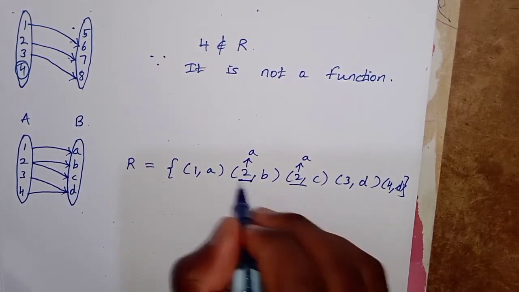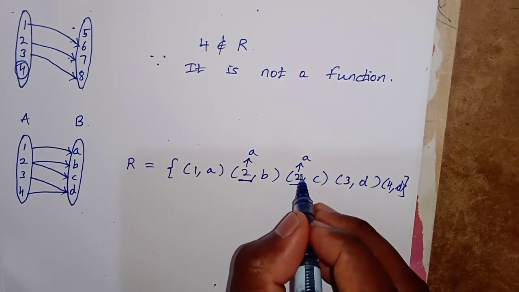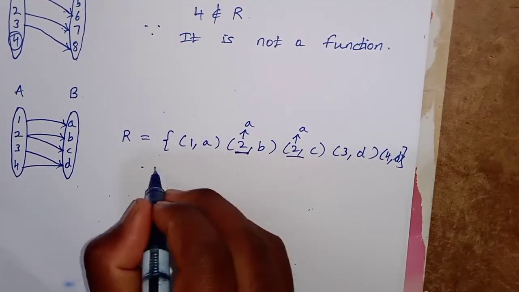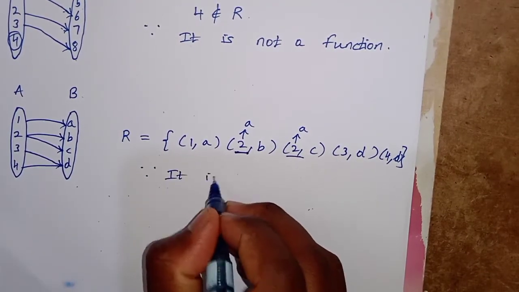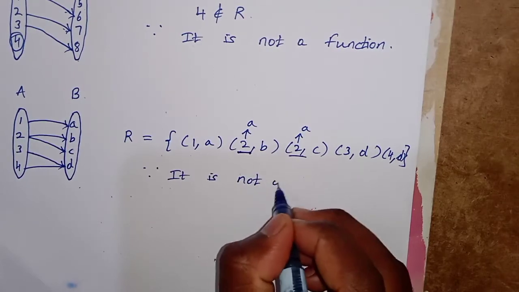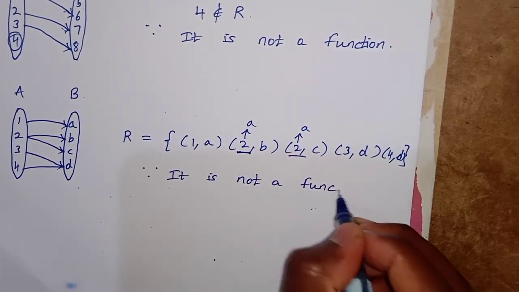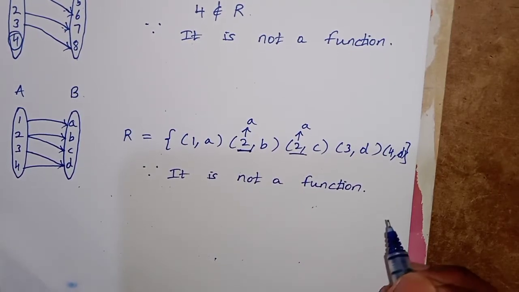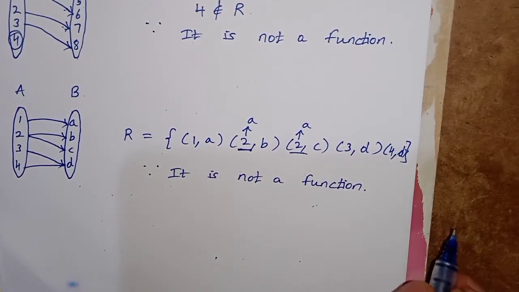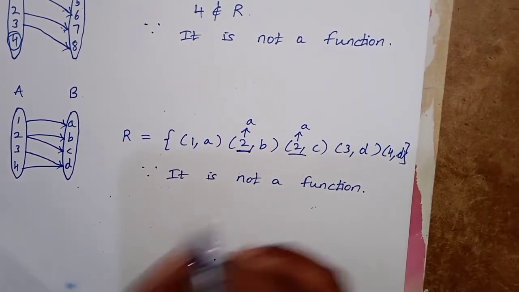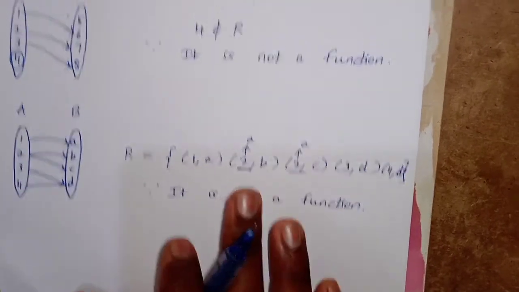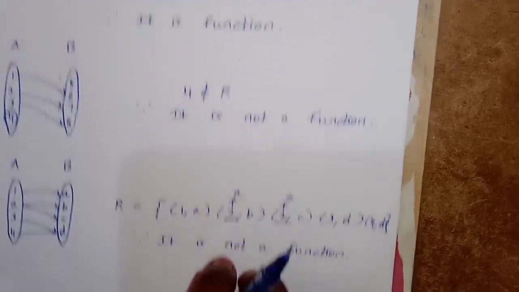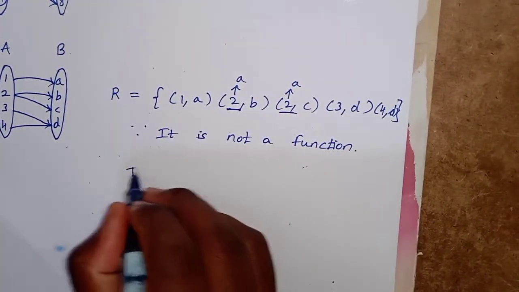Therefore it is the same element in the first pre-image, so it is not a function. This is how you find whether it is a function or not a function. Now you have clearly understood how to find it. Therefore there are types of function.